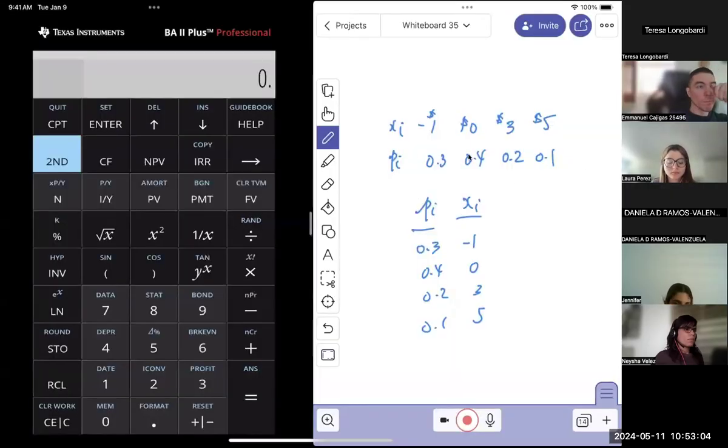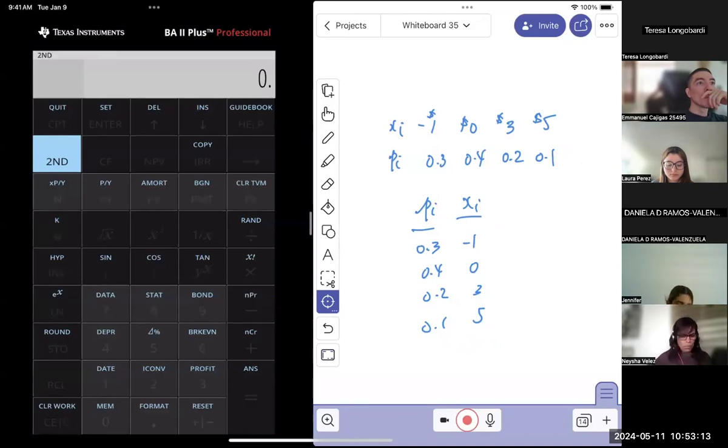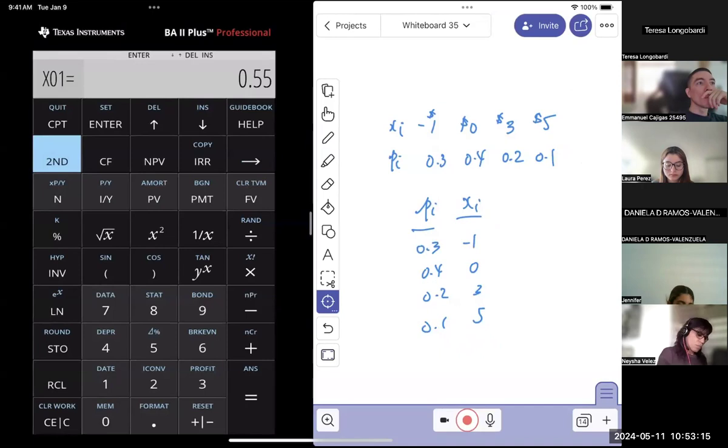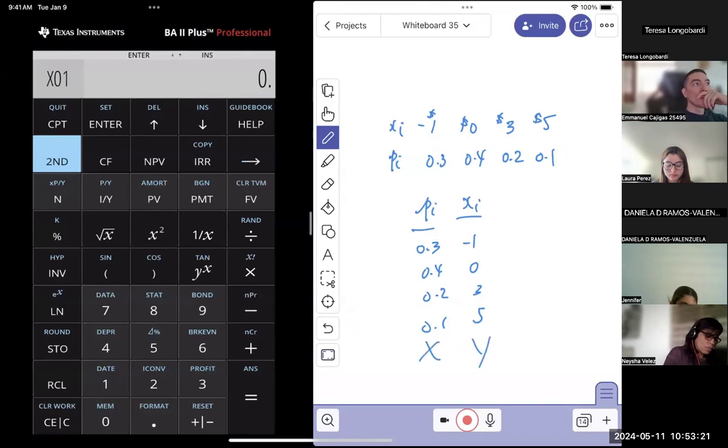Okay, so this is the data you're looking at here, but I could just as well write it like this, right? And then in my calculator, I can go to the stat mode. There's something there, so I need to clear it. I'm going to enter this as X and this as Y, and I can easily get the weighted mean by finding this statistic in the calculator. Did you see this before? So this is going to give me the weighted mean.